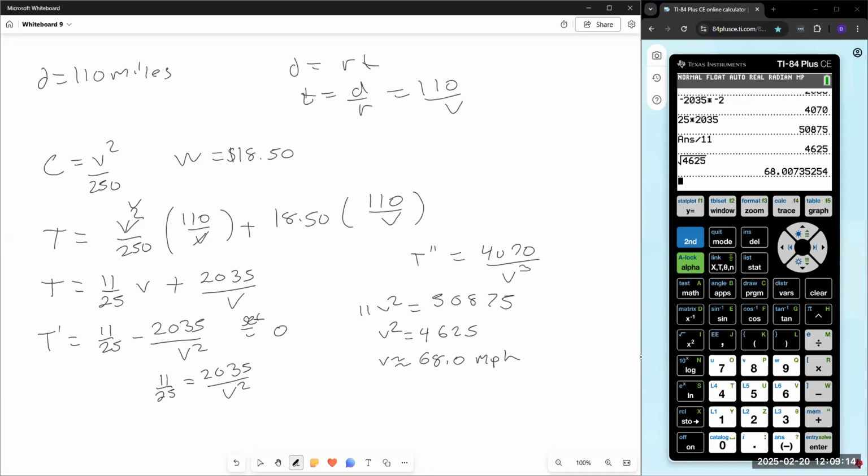So because T double prime of 68.0 is greater than 0, T has a local or relative min when V is approximately 68.0 miles per hour.